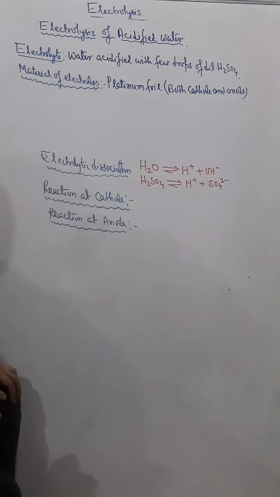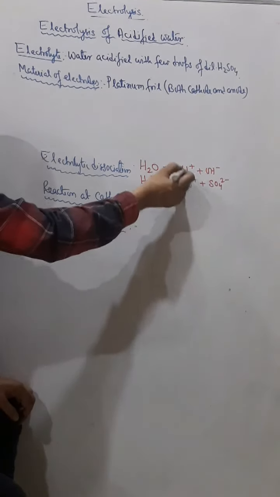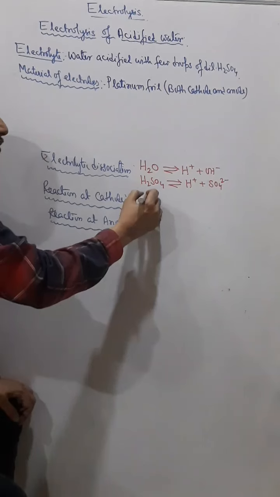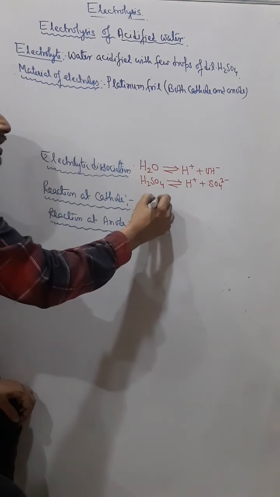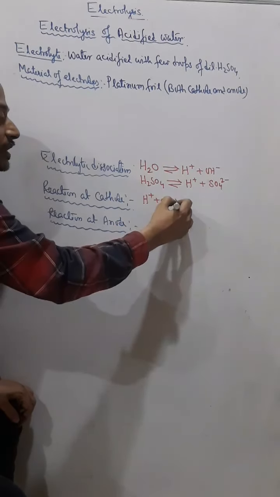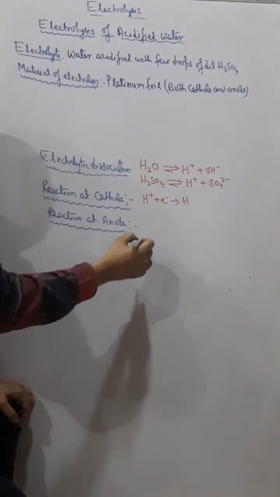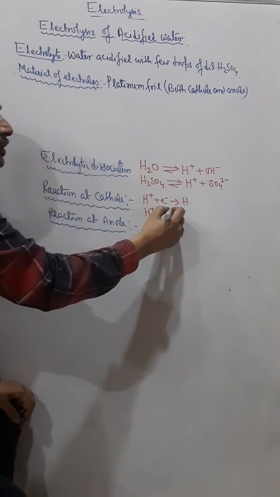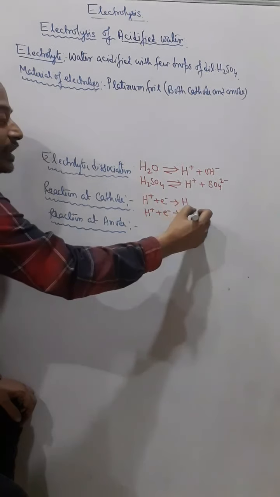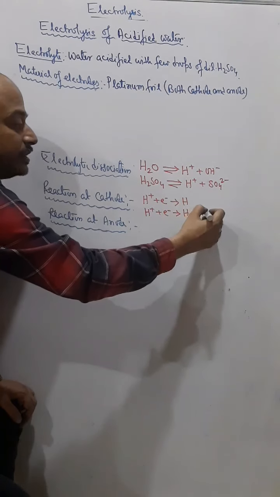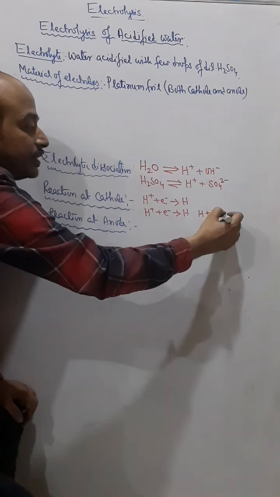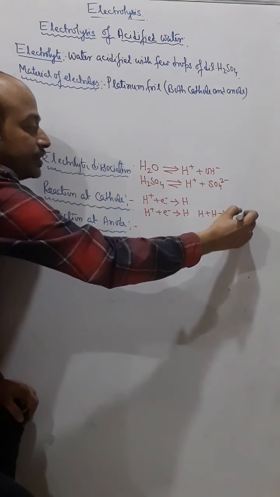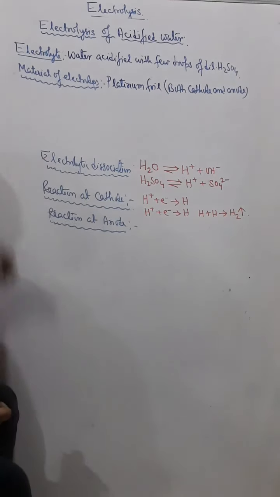Now reaction at cathode: hydrogen ions will go towards the cathode, so H+ will gain an electron from the cathode, so naturally another hydrogen will be formed, it will be discharged, and these two hydrogen atoms, H plus H, will give you hydrogen gas H2, which evolves as gas.